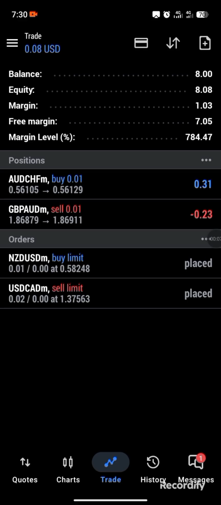Now, based on my trading plan and everything, I'm only taking 2 trades per day. So I open all these buy limit and sell limit orders just to wait for anyone that will trigger first. Then that will be the one I will go with. So currently it happens that AUD CHF and GBP AUD are the 2 trades I'll be taking for today.